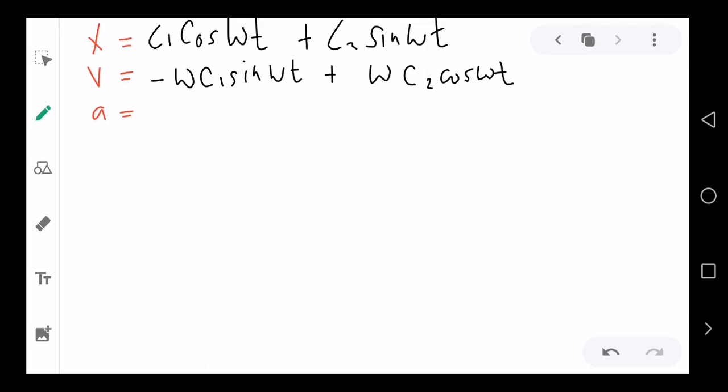And lastly, acceleration, negative omega squared C1 cosine omega t minus omega squared C2 sine omega t.